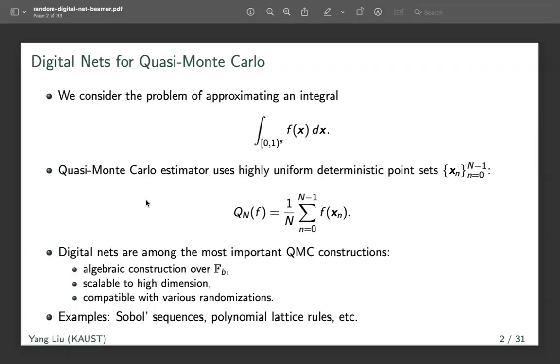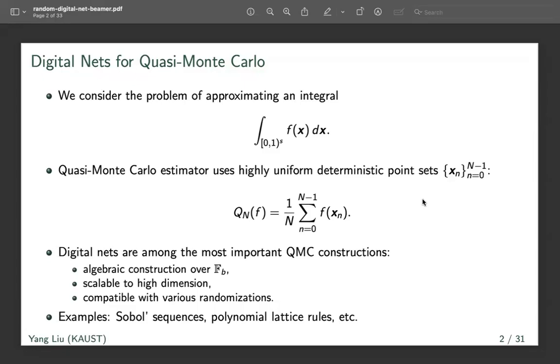In Monte Carlo, we know that we use IID random samples to give a Monte Carlo estimator. And in Quasi-Monte Carlo, we use deterministic point sets. Here we denote them as x_n, and these are deterministic, and these points can be designed such that they have good uniformity in this unit cube.